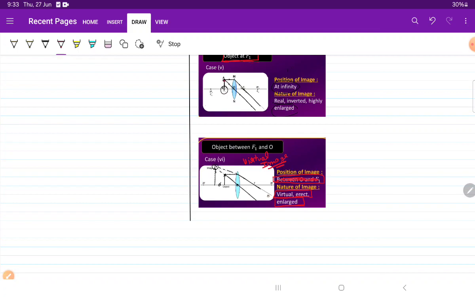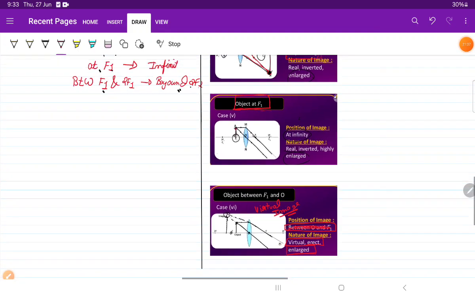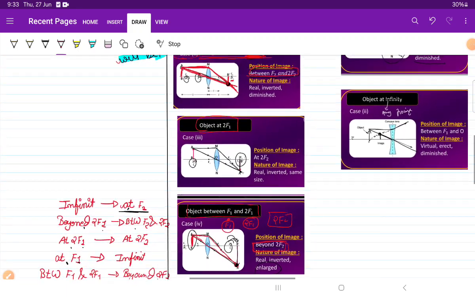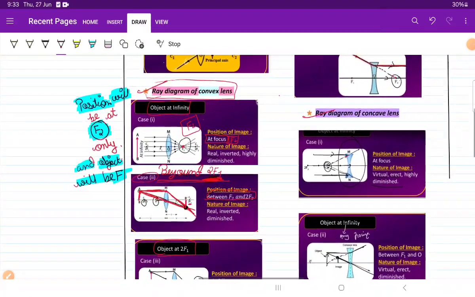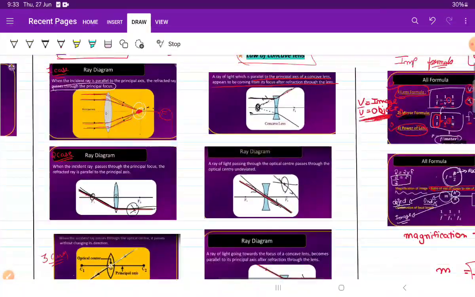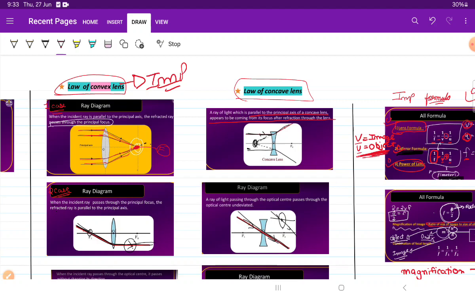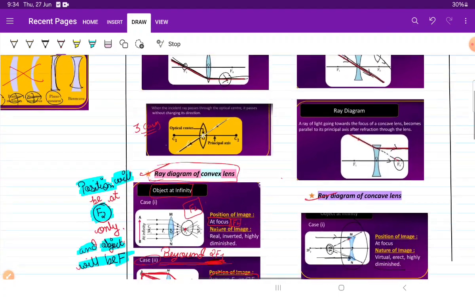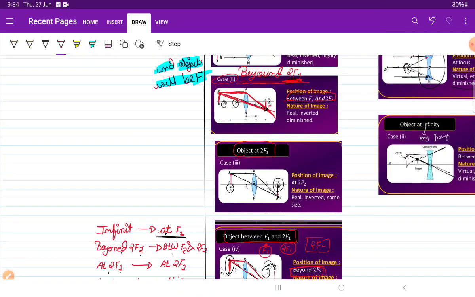And congratulations students, here we have completed our last case of the convex lens, which is too difficult, but we have completed very easily. And if you understand the laws and the ray diagram of concave mirror, I am talking about the mirror only, okay, concave mirror, then you will not face any difficulties in remembering convex lens laws and ray diagrams.